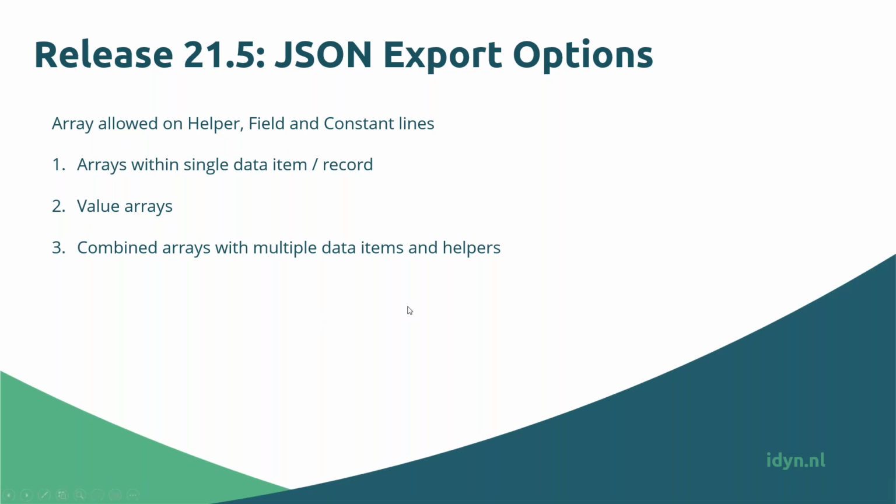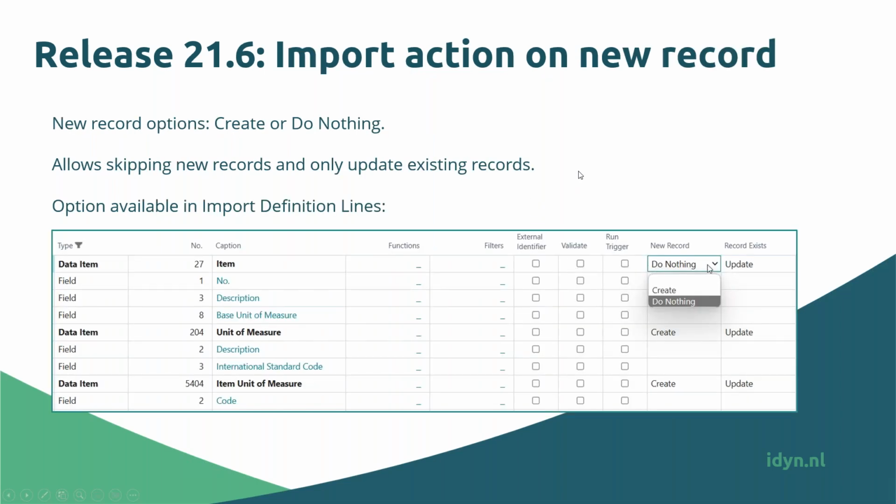Okay, so now we will actually continue with the current release, or the March release, or Q1 release, however you want to put it. So with this latest release, we added some options, and one of those options was to also allow a decision when we want to process new records.